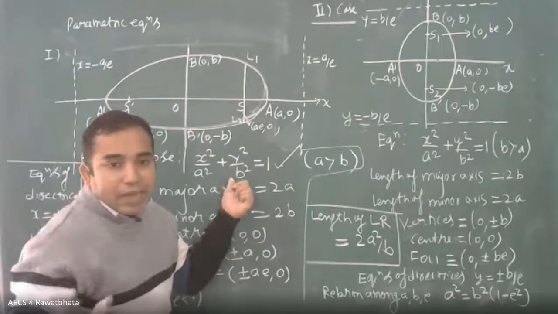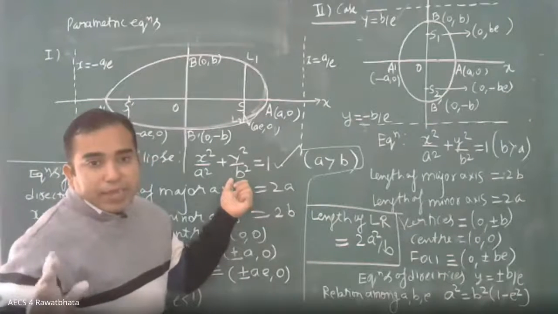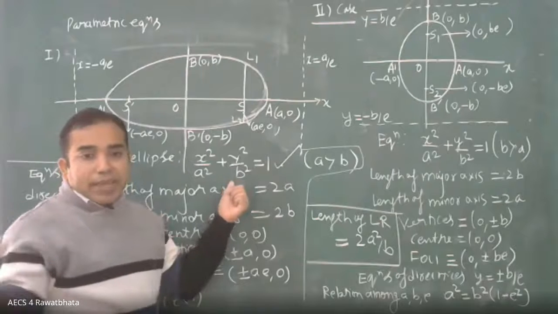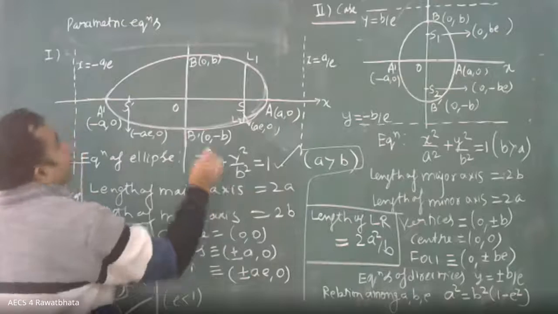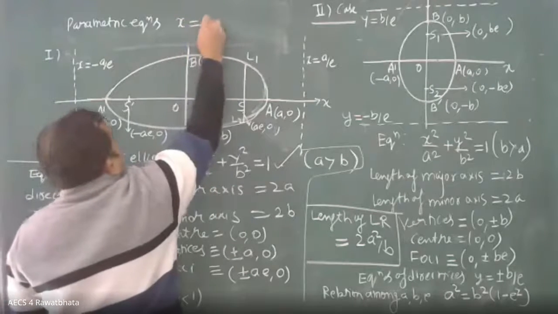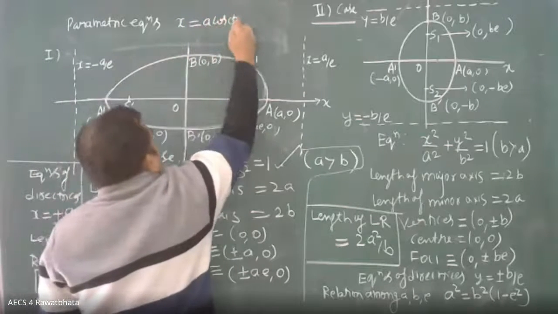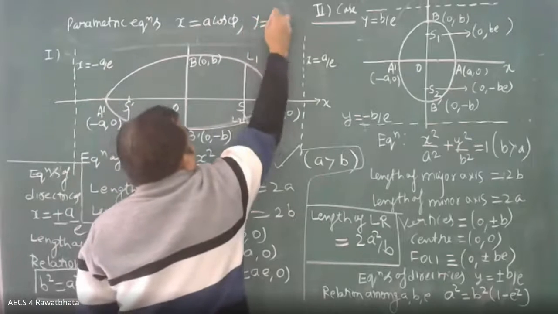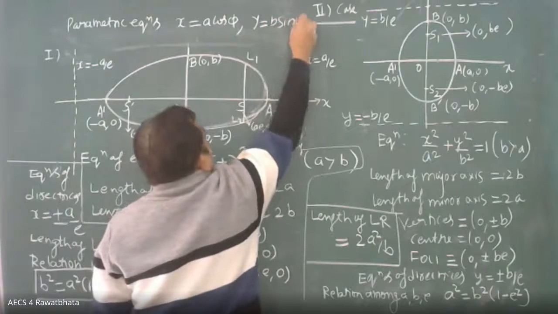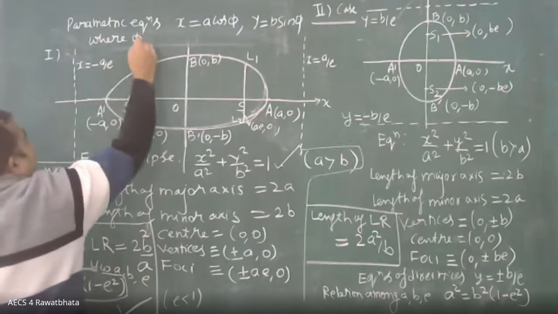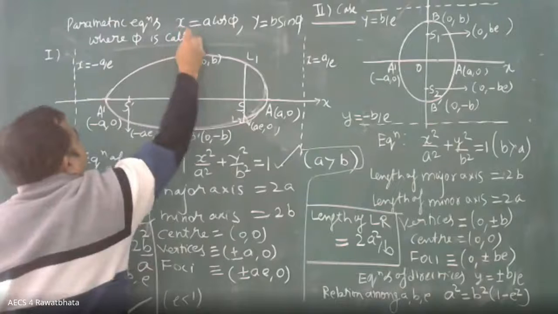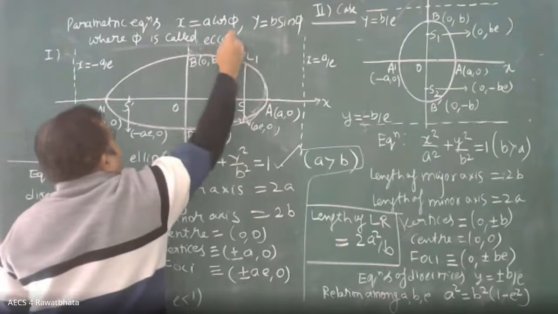The parametric equation for the circle x square plus y square equal to a square is x equal to a cos theta, y equal to a sin theta. Similarly, the parametric equations for this ellipse will be x equal to a cos phi and y equal to b sin phi, where phi is the parameter and is called the eccentric angle.